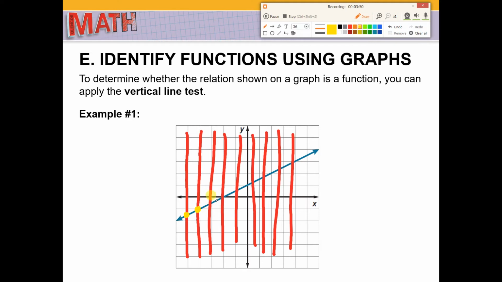The second one is touching it at 1. If I continue to do that, I can see that the vertical lines that I put are all touching the graph, the blue line, at exactly 1 point each. If they're only touching the line at 1 point, then it means that this one is a function.